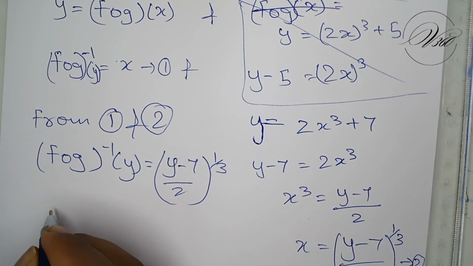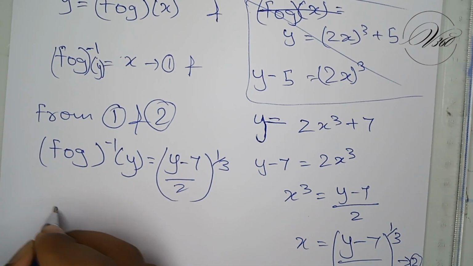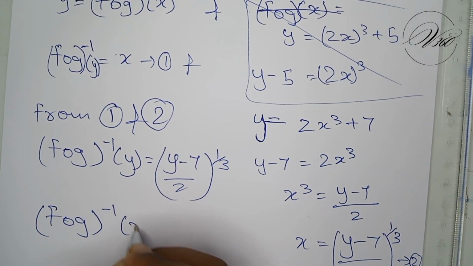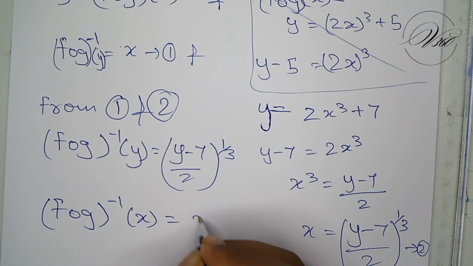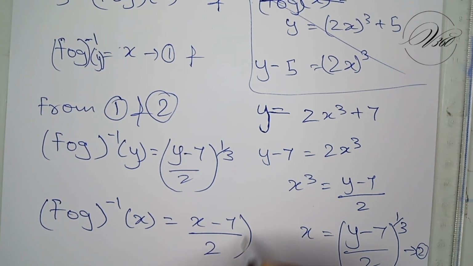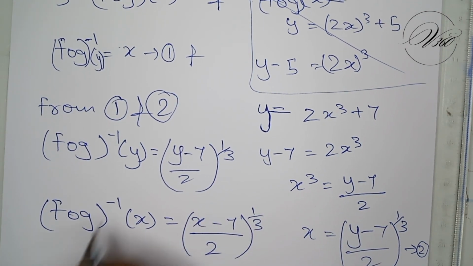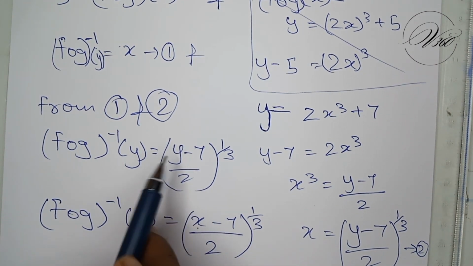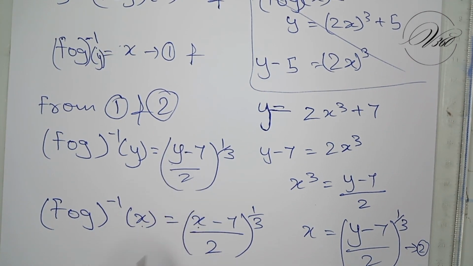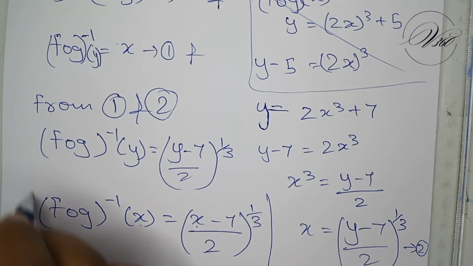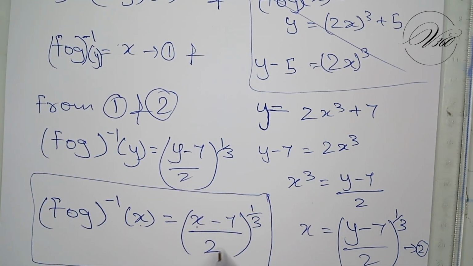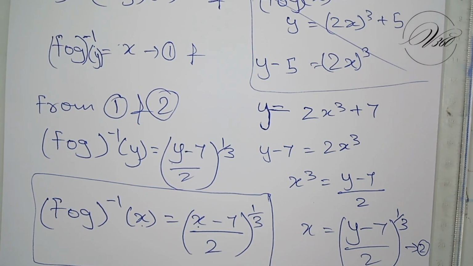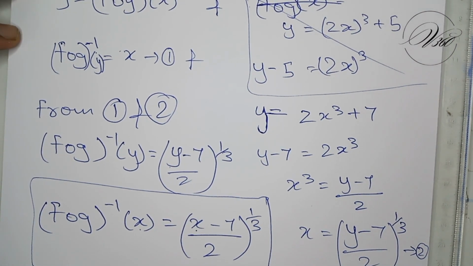Okay, now we will get the answer here, f of g whole inverse of x is equal to x minus 7 by 2 whole to the power 1 by 3. If we replace y and keep x here, we will get x here also, and y will be replaced by x here. So we got the answer, that is x minus 7 by 2 whole to the power 1 by 3. This is the answer for the fifth question.